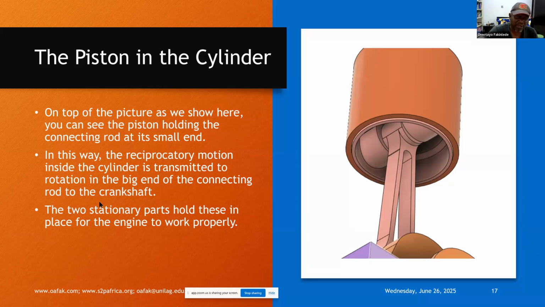On top of the picture, you can see the piston holding the connecting rod at its small end. In this way, the reciprocatory motion inside the cylinder is transmitted to the rotation of the big end of the connecting rod on the crankshaft. The two stationary parts hold this in place for the engine to work properly.